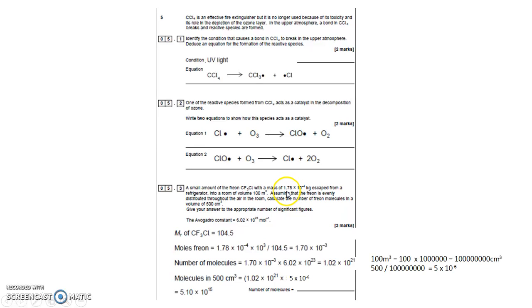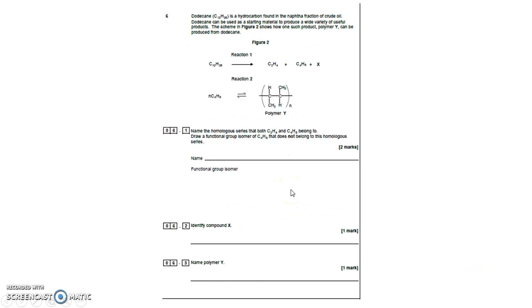Forget about the 10 to the power of 15. That's not important when we're looking at significant figures. A 0 to the right of other numbers counts as a significant figure. 5, 1 and the 0 counts. 1, 2, 3 significant figures. That now matches.